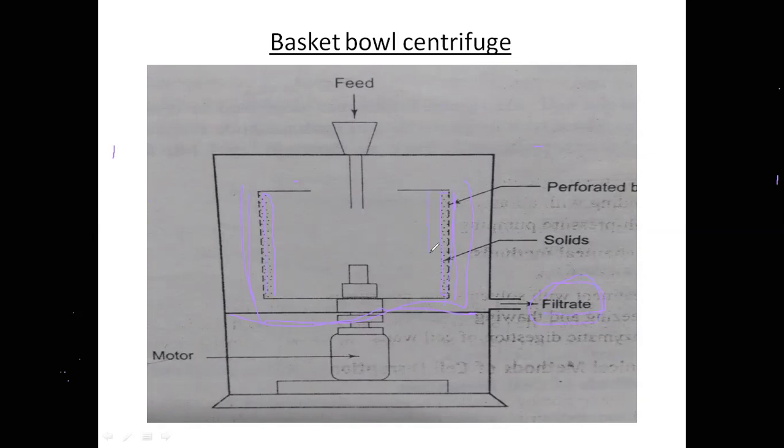Even if the concentration is more, we can separate. The solids deposit here, and the remaining liquid is collected separately. So in centrifuges we have three different types: tubular bowl, basket bowl, and disc bowl.